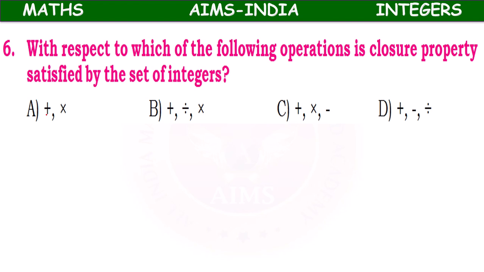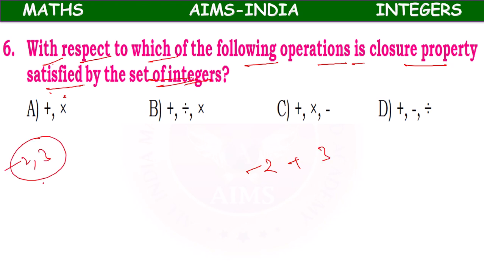Next. With respect to which of the following operations is the closure property satisfied by the set of integers? Minus 2 is an integer, 3 is an integer. Suppose you take two integers, minus 2 and 3.